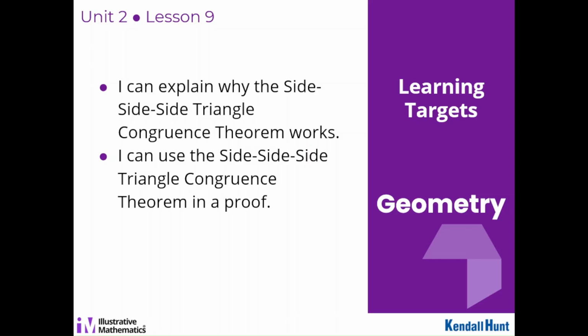The first way is that if you have 3 congruent sides forming a triangle, then the only way that those lines at those lengths can form a triangle is if the angles are the same. So if all 3 sides are the same and all 3 angles are the same, then those triangles are congruent.